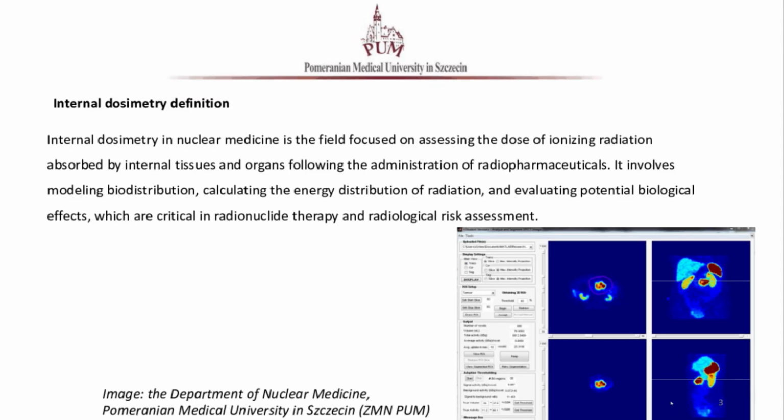Next slide, please. Internal dosimetry in nuclear medicine is the field that deals with assessing the dose of ionizing radiation absorbed by internal tissues and organs due to administration of radiopharmaceuticals.